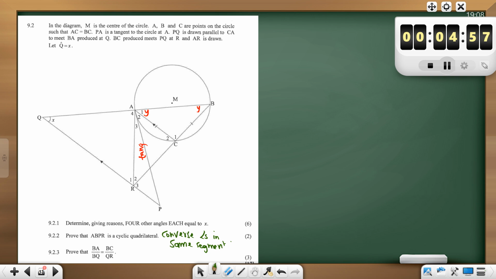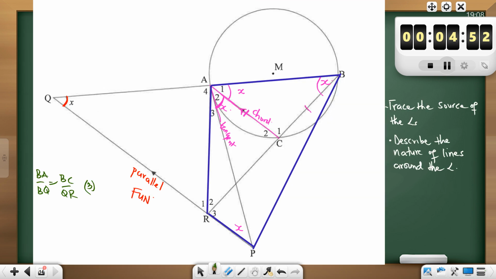I'm just checking something here. BC over QR. Okay.